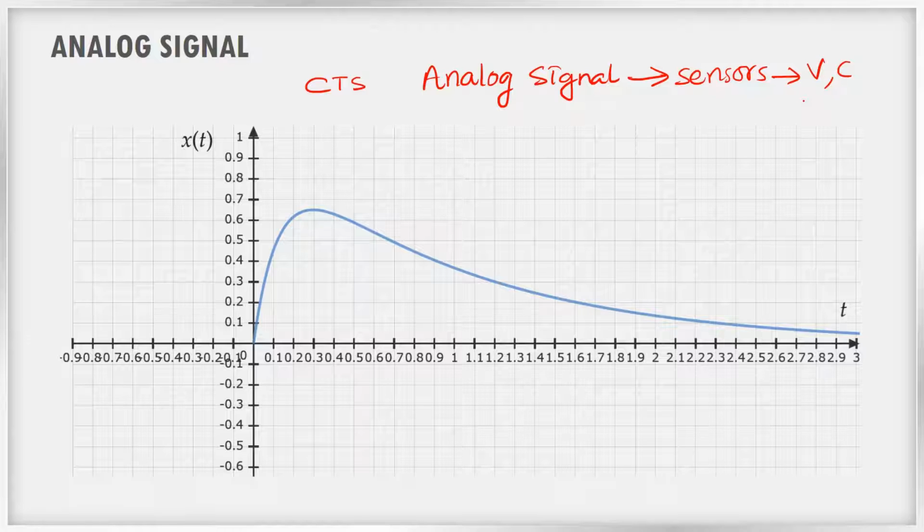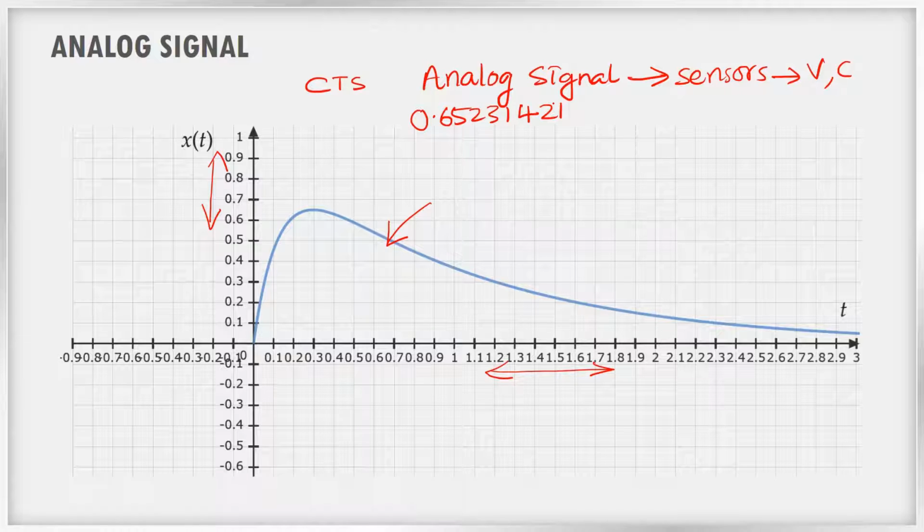Here we have already seen that the x-axis can take any values. So the time axis is a continuum. Similarly, the y-axis is also a continuum in the case of an analog signal. What is meant by that? These voltage values can take any values. For example, it can take 0.652314.